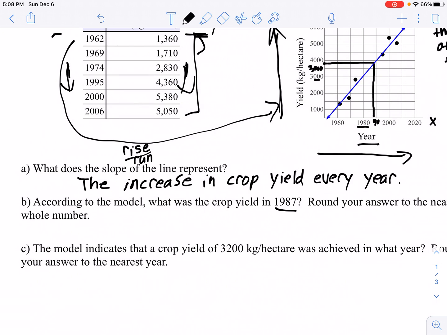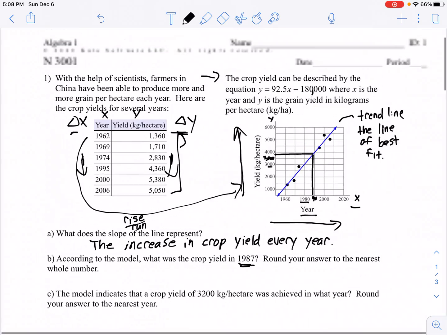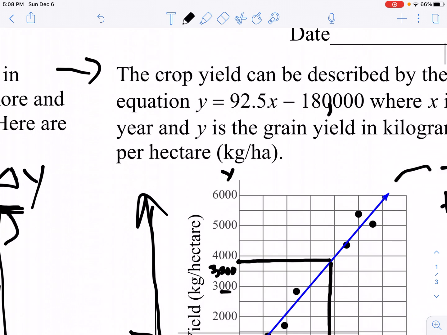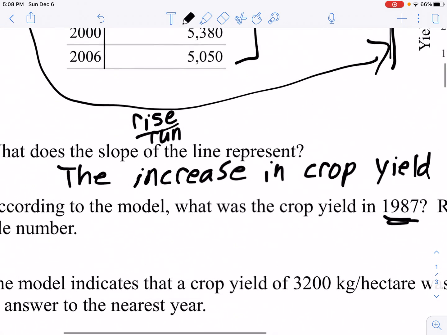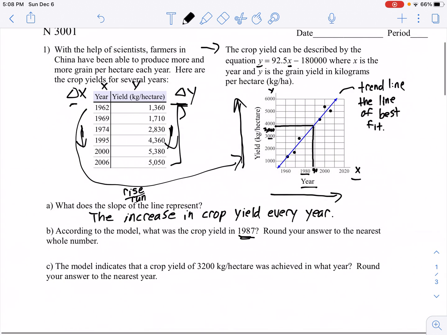If we want to find it mathematically, remember the years, the dates here, they represent the X values. And we're actually given an equation that we can use here. So I can take the year, plug it in for X, and see what I get for my crop yield, Y. We should write our equation first.